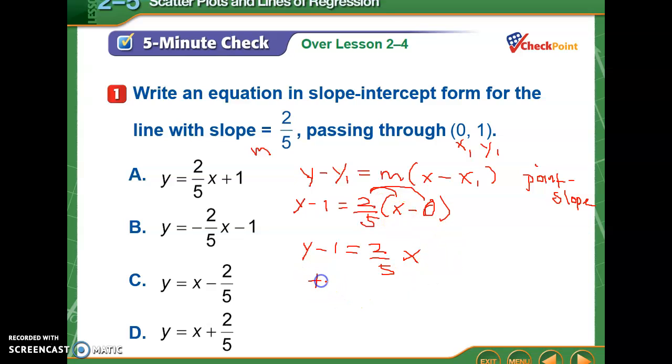Alright, so final step, plus 1, plus 1. So you can cancel that out, bring down y equals 2/5 x plus 1. Okay? So you can use that formula.